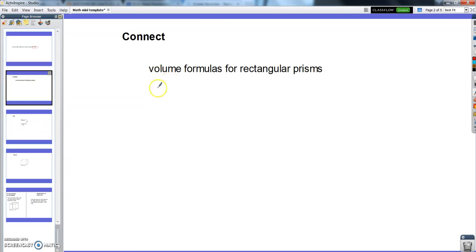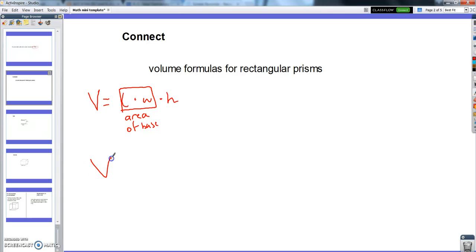Let me remind you, before I get to a special one, we've used two different volume formulas for rectangular prisms so far. We used length times width times height, which we often use. Length times width is the area of the base that it's sitting on.